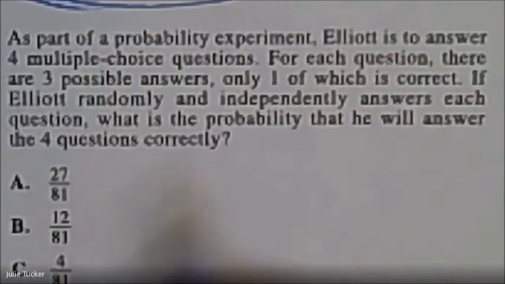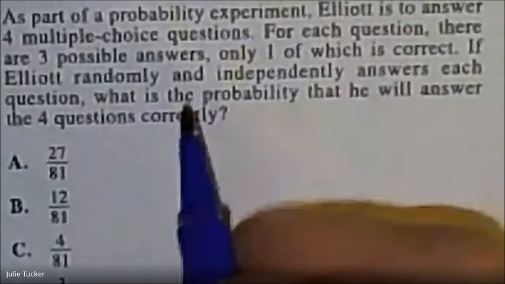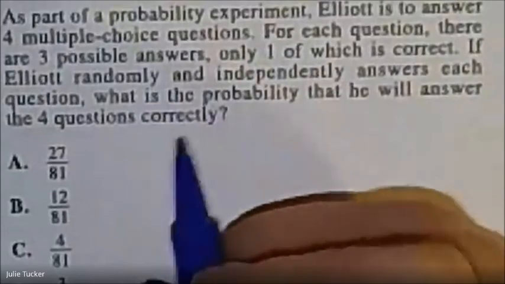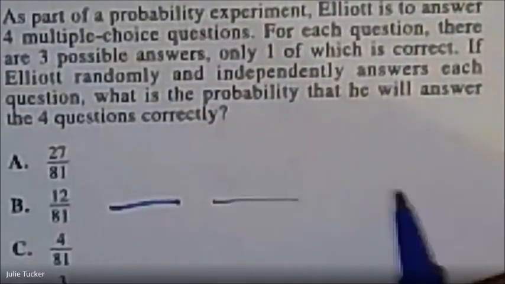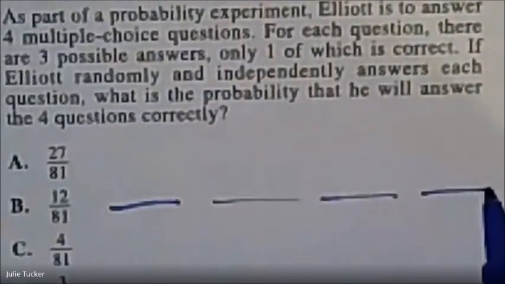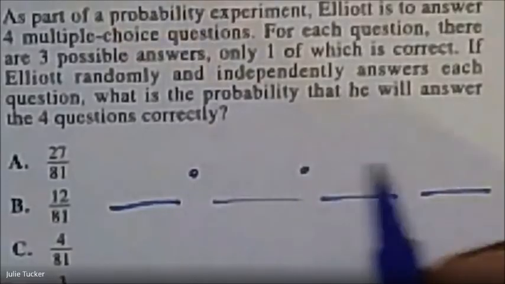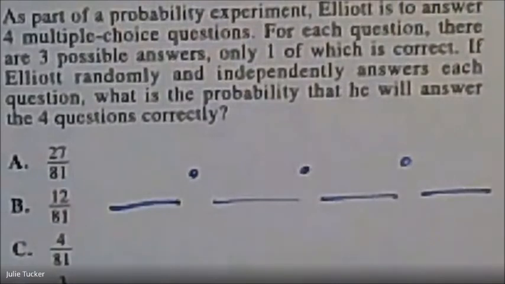So each of the 4 questions has 3 possible choices, okay? So here's question 1, question 2, question 3, question 4. You have to multiply probabilities together when you want multiple things to happen. You multiply when you want multiple events.